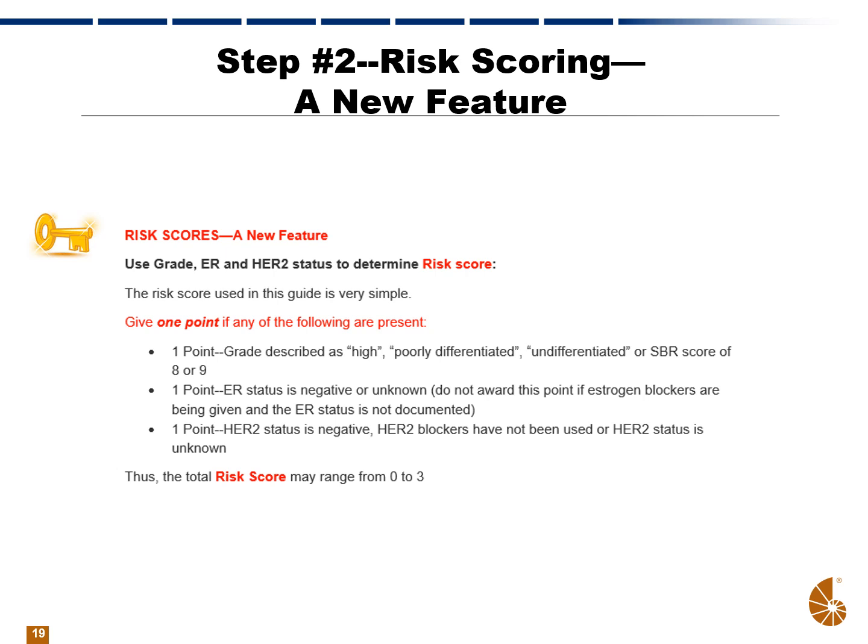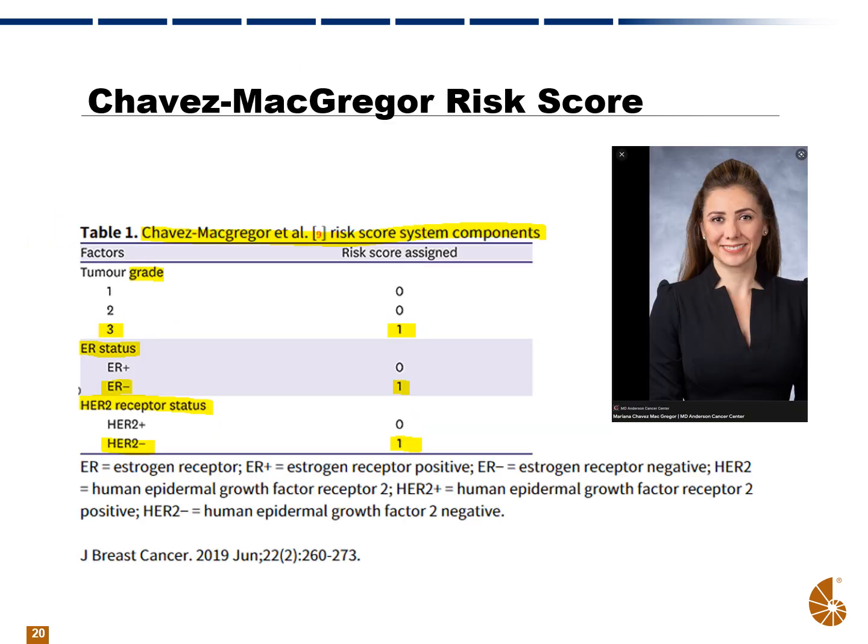Thus, the total risk score may range between 0 and 3. So this is Dr. Chavez McGregor, and these are the components just as she wrote about them in the Journal of Breast Cancer in 2019.